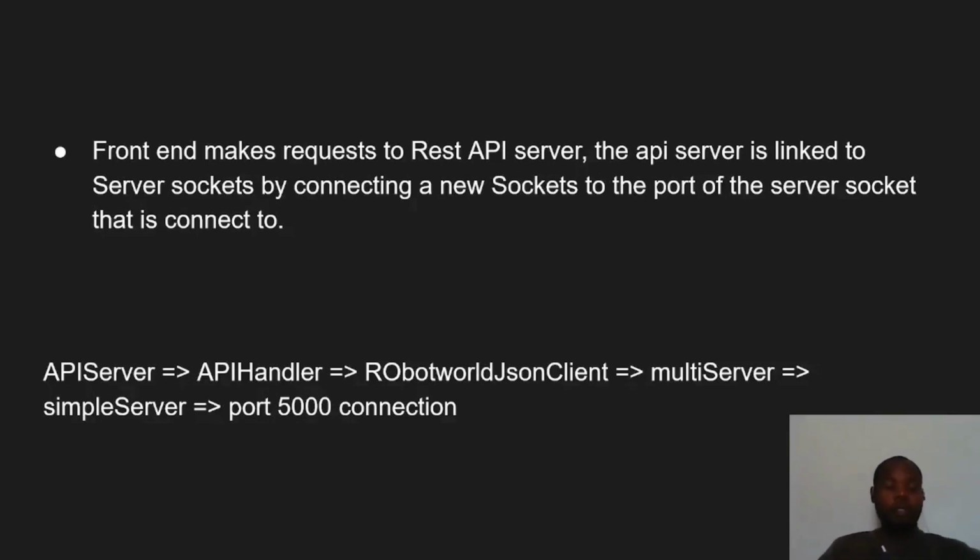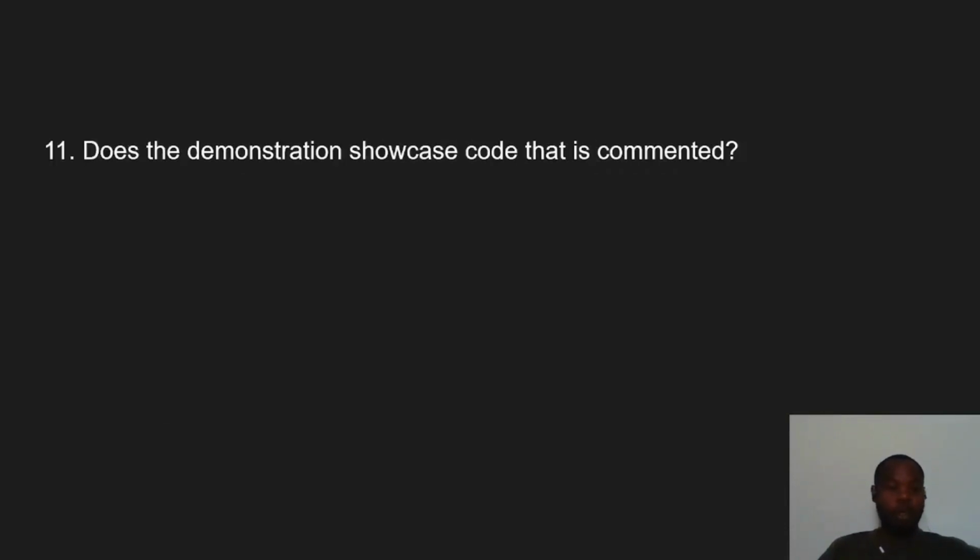So the API server connects to the API handler, then that API handler connects to a robot world JSON client that connects to a multi-server, and then the multi-server connects to a simple server at port 5000. And that's how the REST API server is connected and linked to the back end of our project.